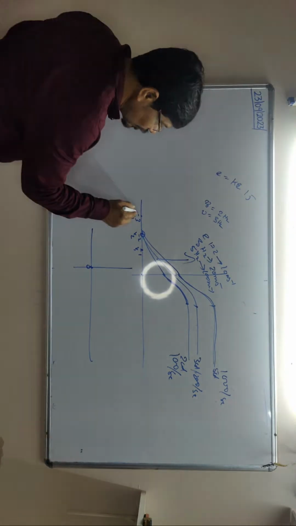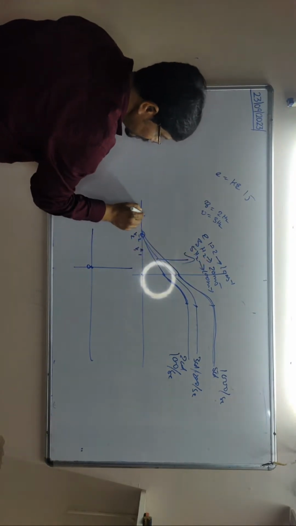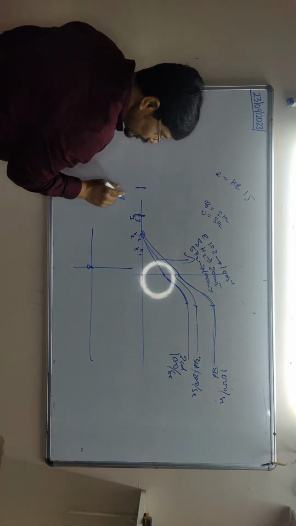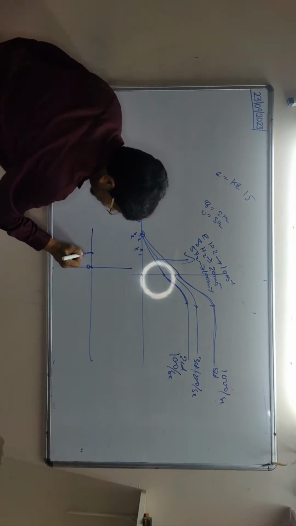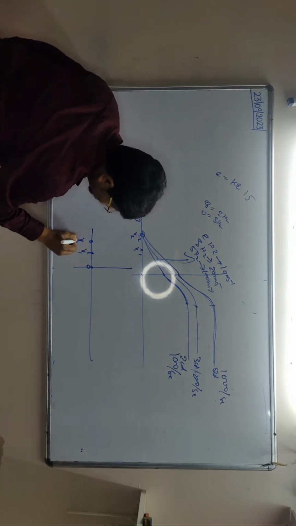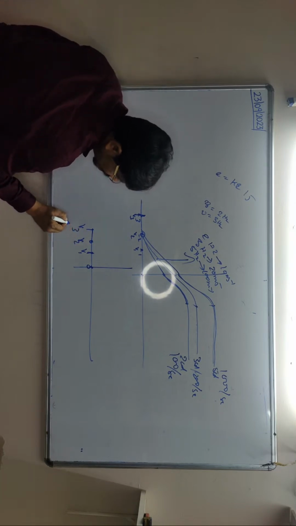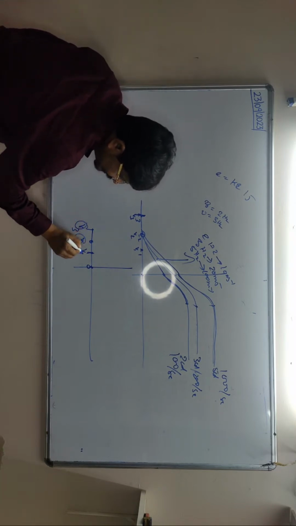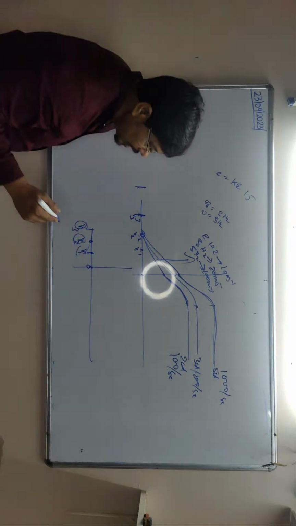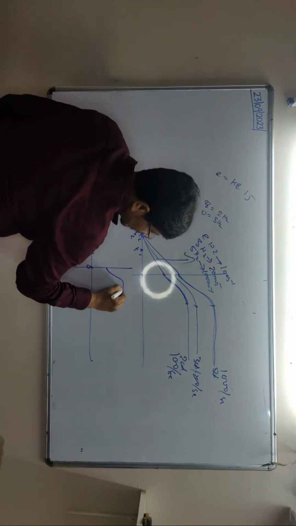If it was 20, it will be this and this. So this will be V1, this will be V2, this will be V3, more negative, lesser negative, lesser negative. Got it?